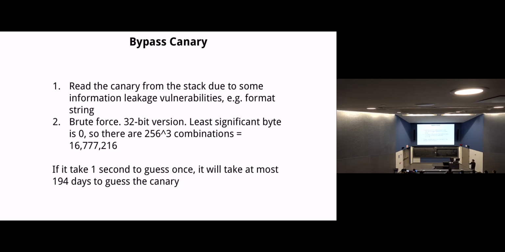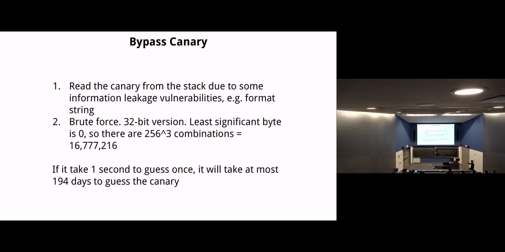Maybe there is an arbitrary read vulnerability in the program that you can utilize to read any memory location of this program. And we know that the Canary is stored at a specific memory location, GS plus 14 or FS plus 28, right?